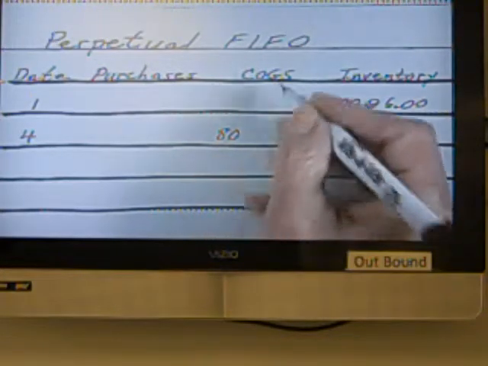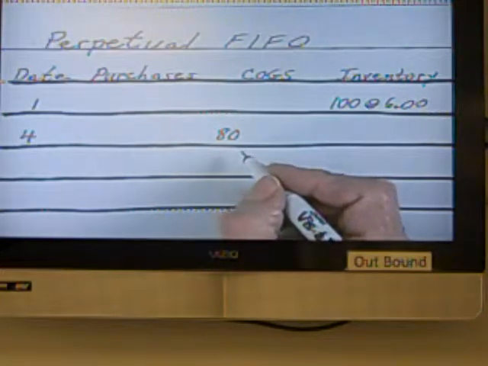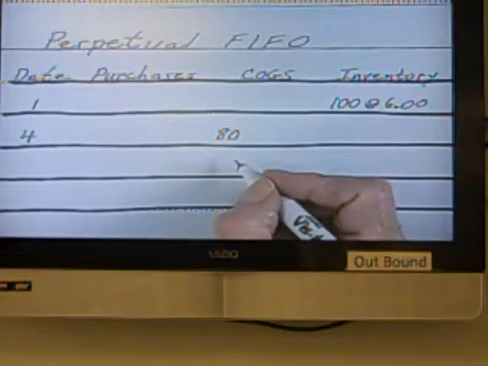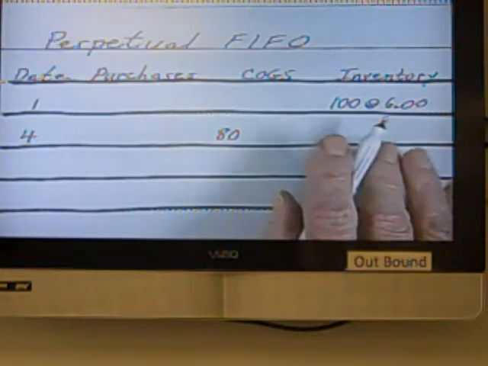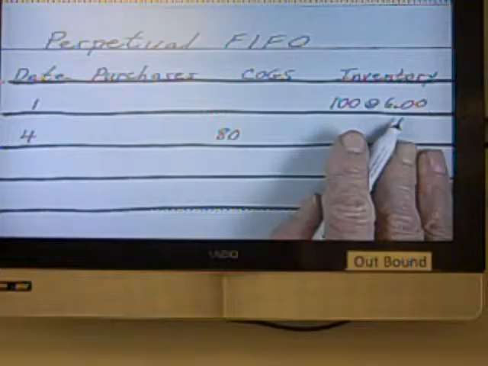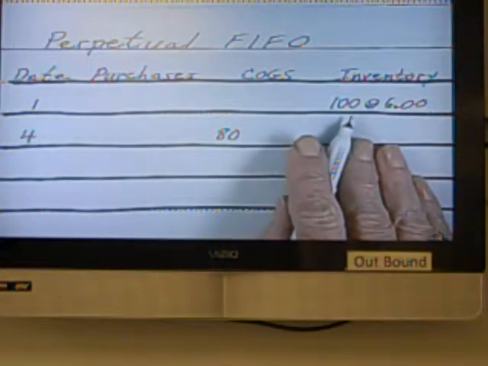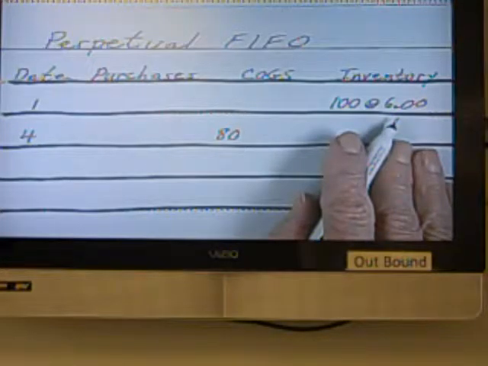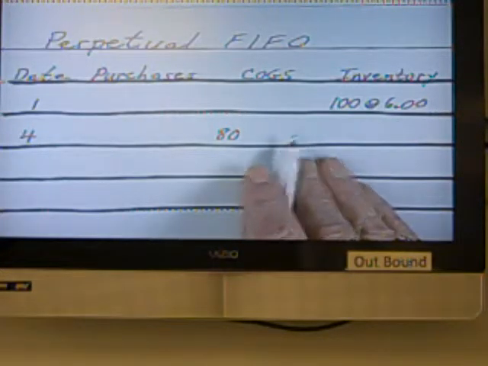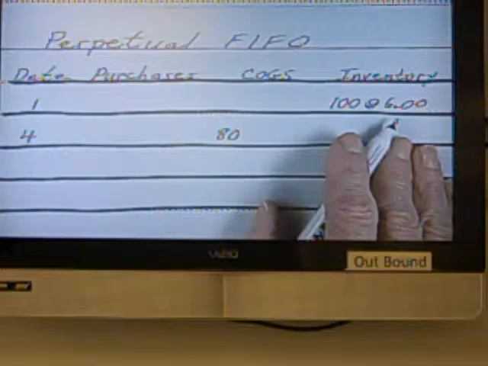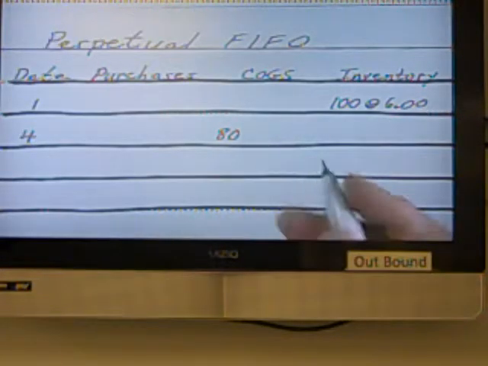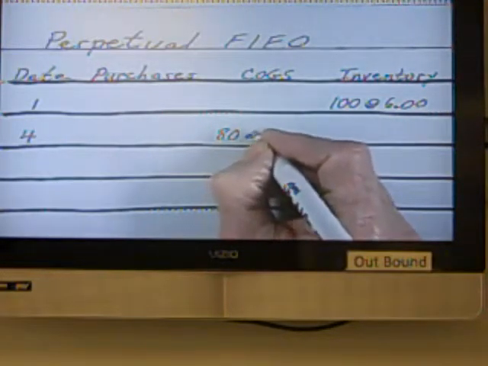So our cost of goods sold would be 80 units, and our cost for those 80 units would have been the $6, because the only thing we have in inventory right now is 100 units at $6. So anything that we sell would have been part of this 100 at a cost of $6.